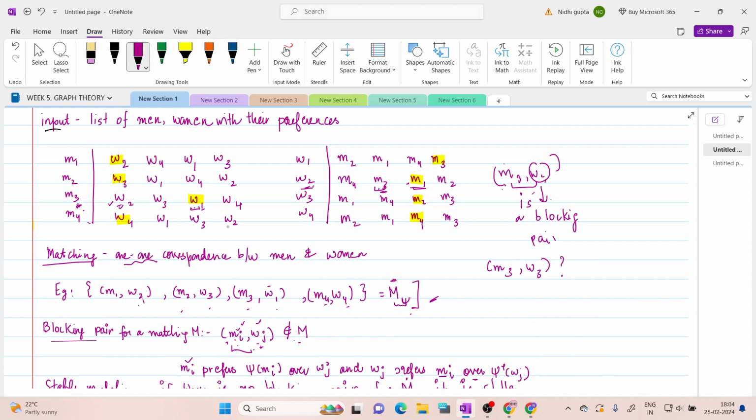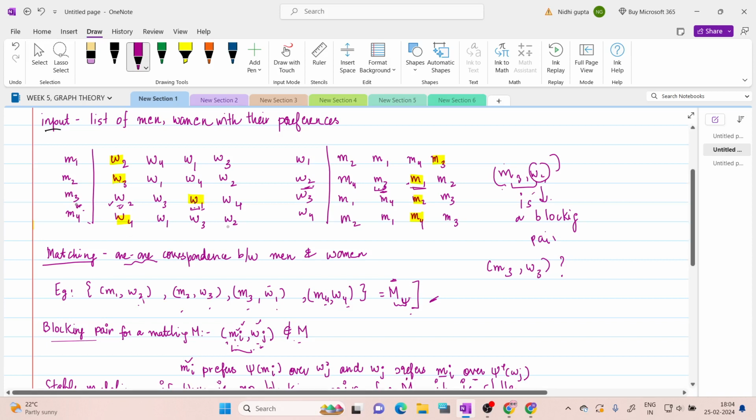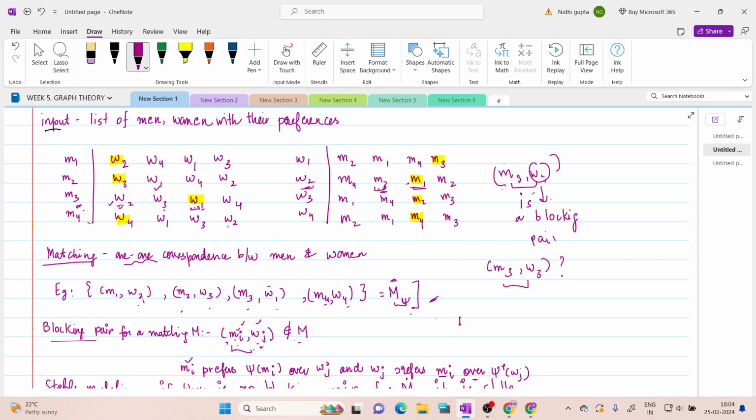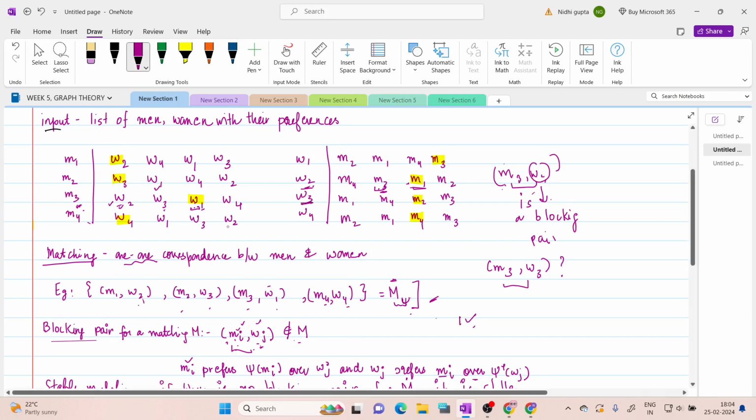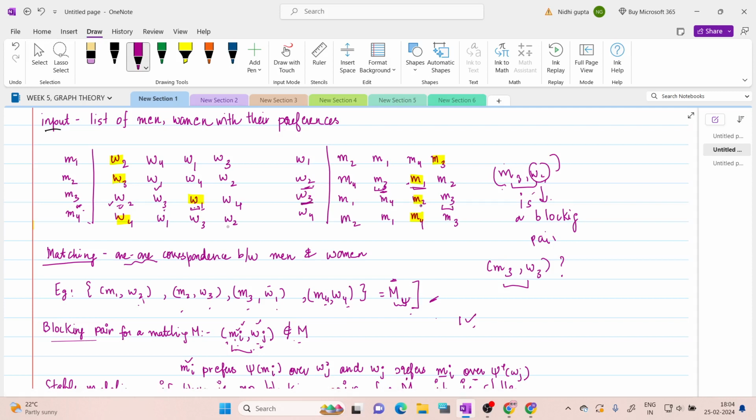The definition says this is my matching, so M3 is assigned W1. M3 prefers W3 over W1, so one thing is there. But what about W3? W3 does not prefer M3 over M2. Therefore, it is not a blocking pair.